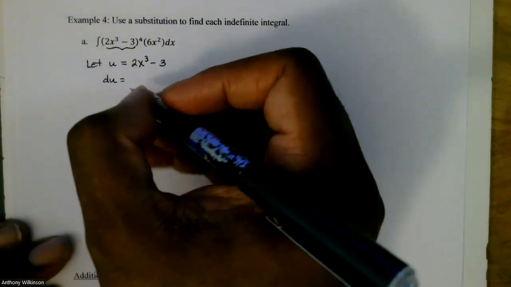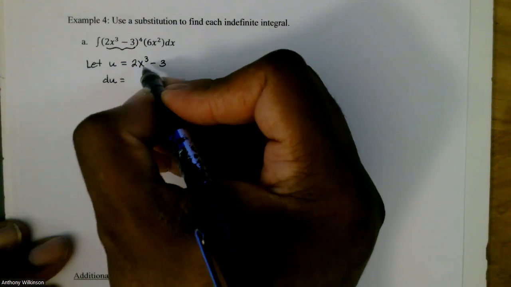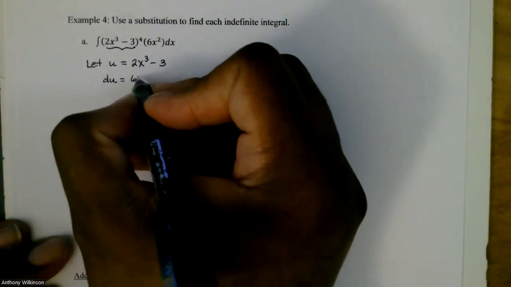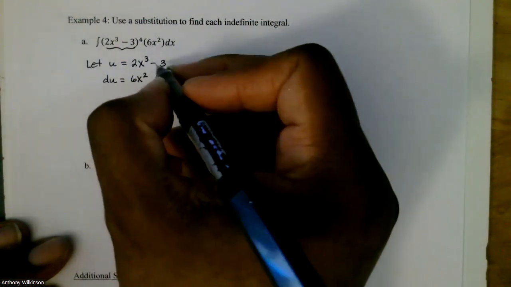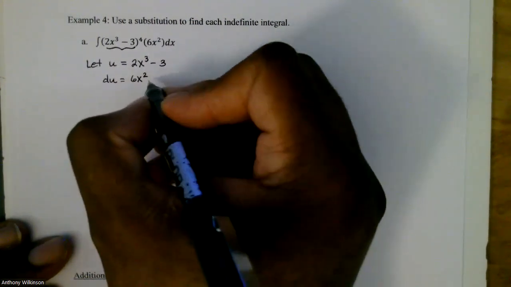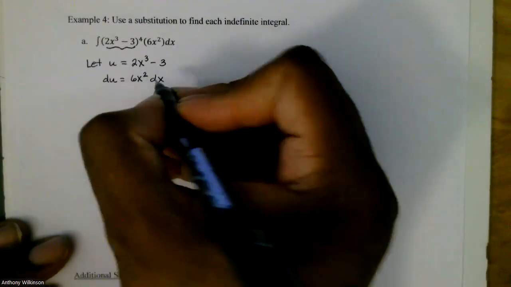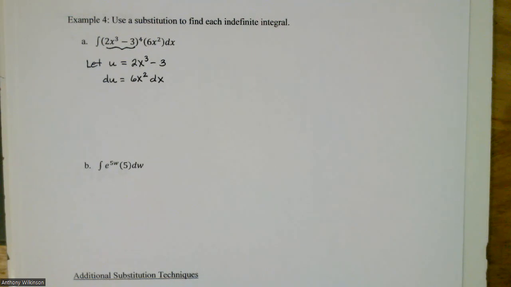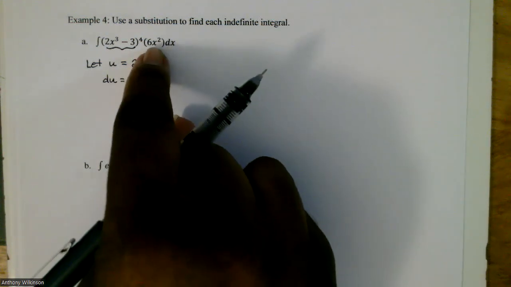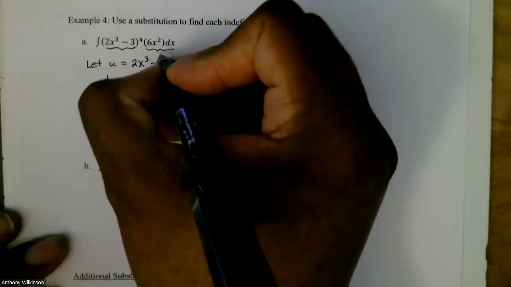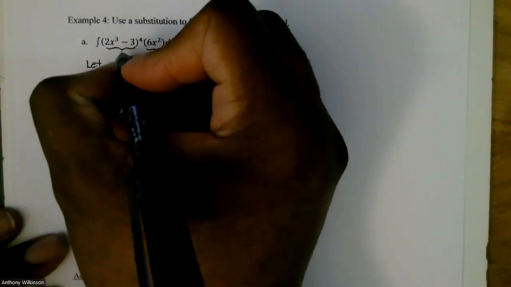So du in this case would be, the derivative of 2x cubed would be 6x squared. The derivative of minus 3 will be 0, so it'll be 6x squared dx. And notice I do have 6x squared dx already. So this right here is my du, and that 2x cubed minus 3 is going to be u.